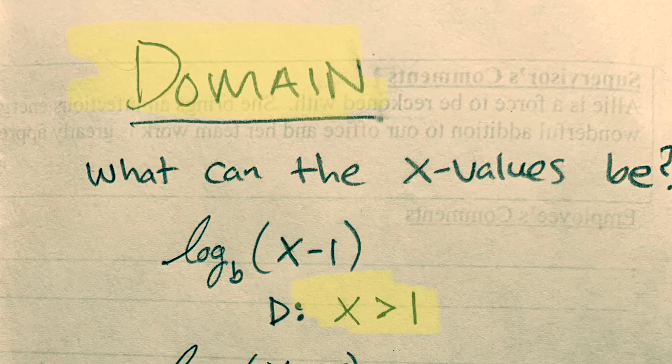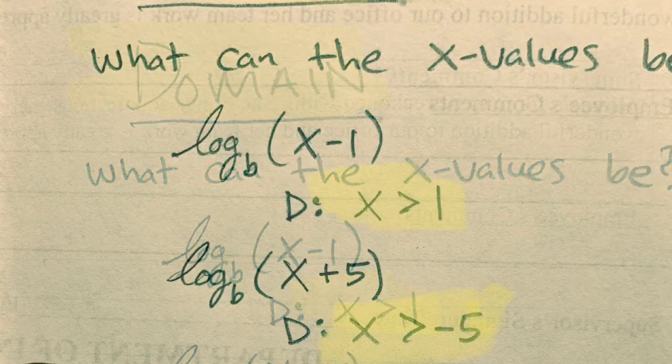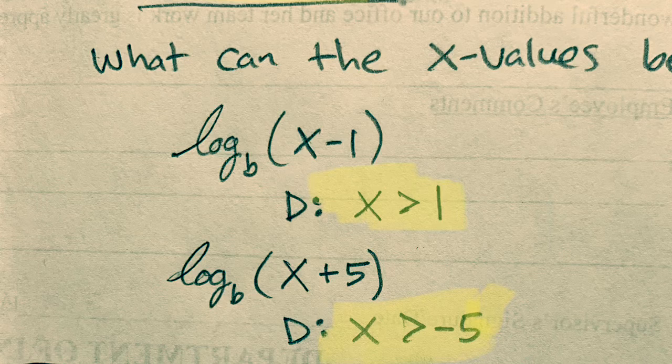So if the log's input, the a value, was x plus 5, well, the very first x value that won't work is when x is negative 5. Because you'd have negative 5 plus 5, which is 0, and that won't work. And x can't be any value that's less than that either.